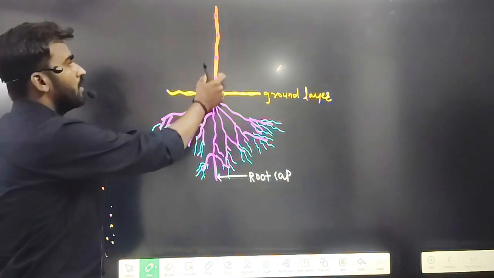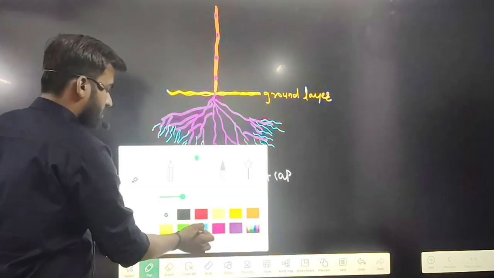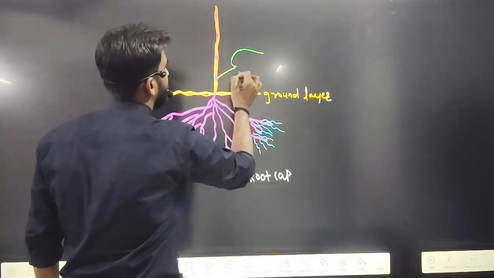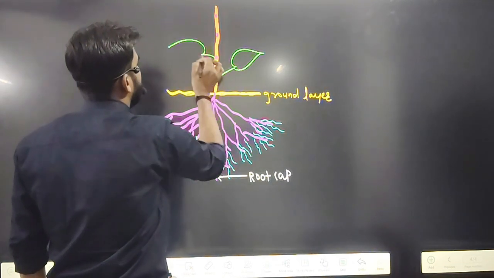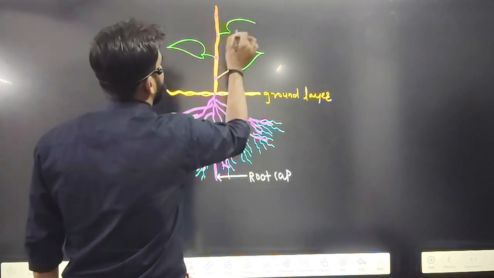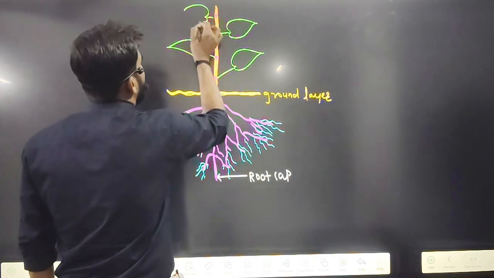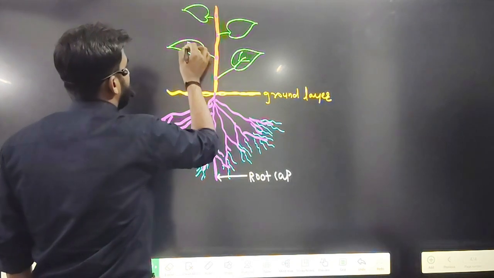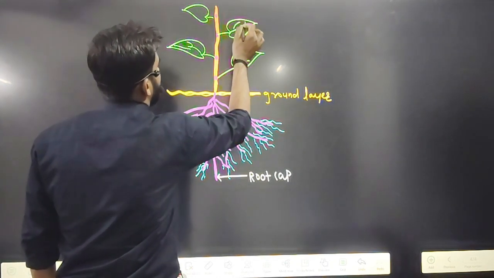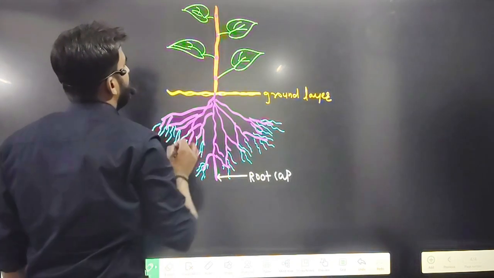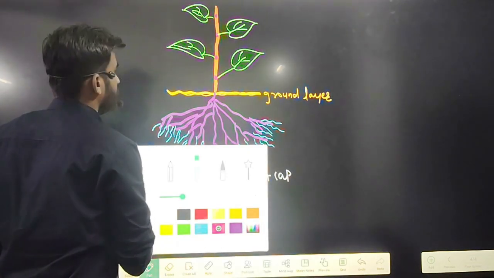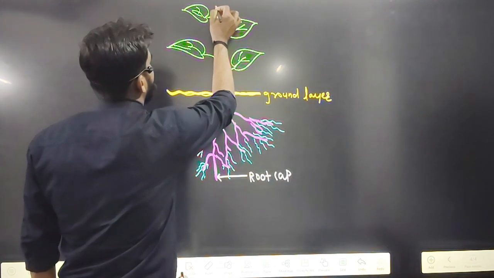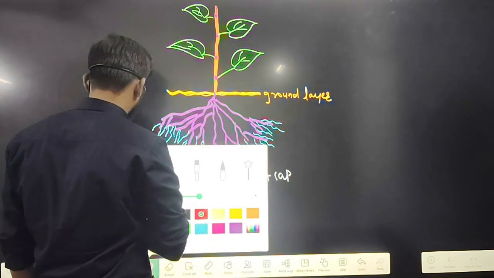But before, we discuss the aerial parts. The aerial parts are present at the node, and this node is responsible for the formation of leaf, like this. Then on the upper side, nodes are present near each other, and they are responsible for the formation of flower.